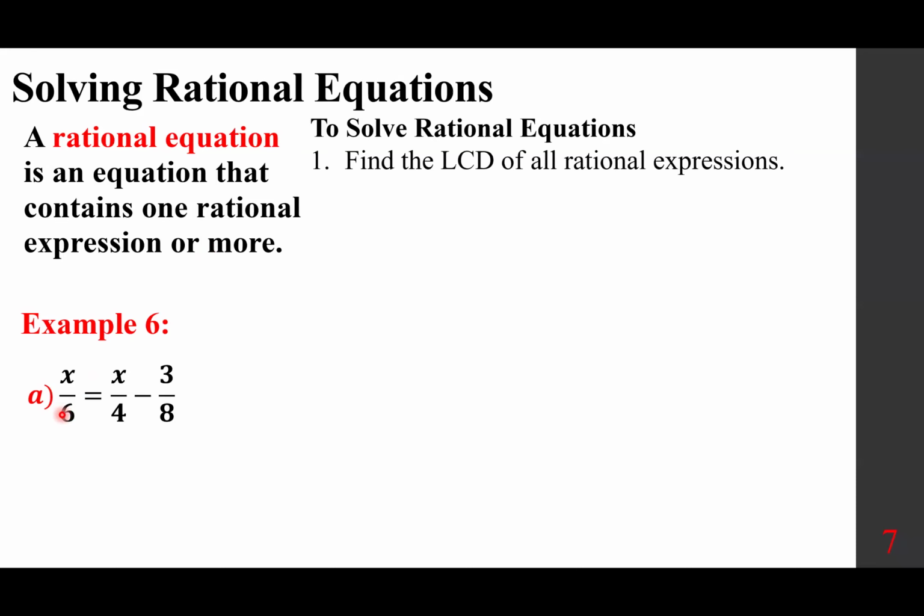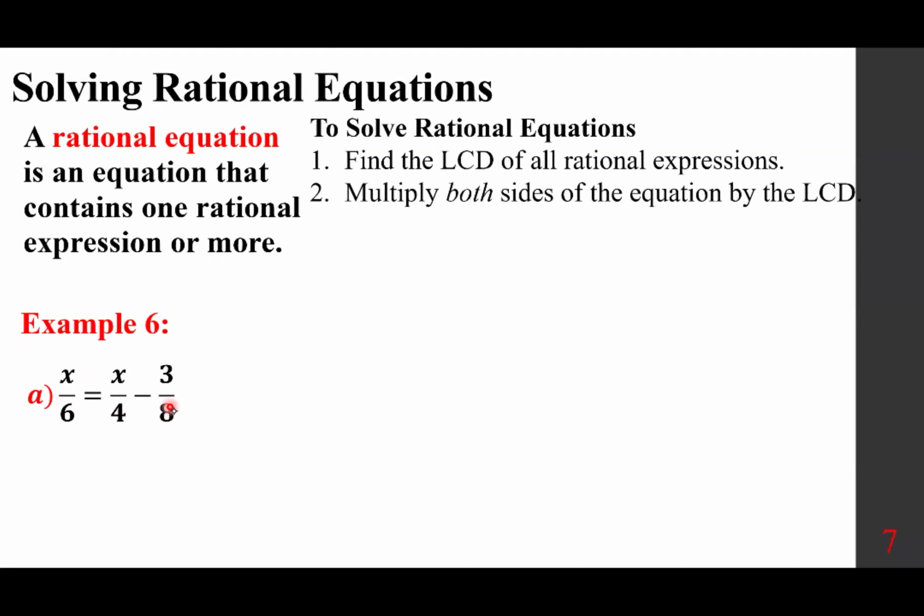The denominators are 6, 4, and 8, and I hope you recognize that you have to multiply by the LCD, which is 24.